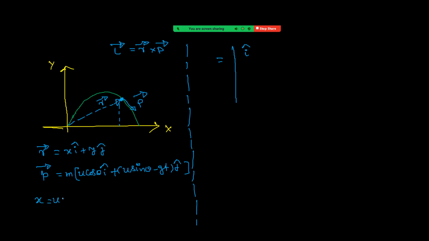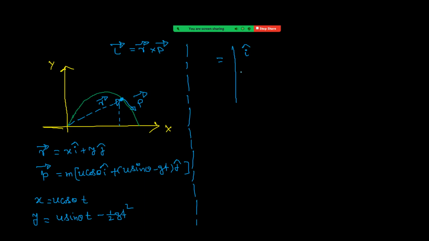X equals u cos theta into t. Y equals u sin theta into t minus half g t square, right? Substitute values here.